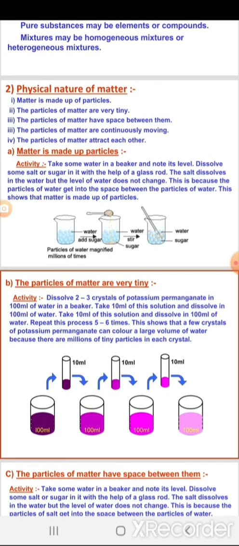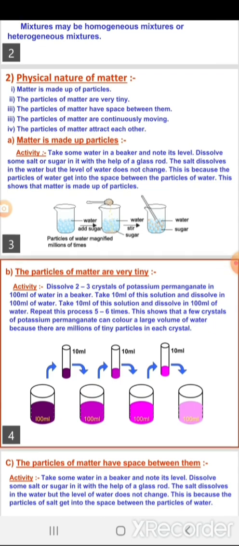These particles of matter have space between them. The particles of matter are continuously moving. They have energy. The particles of matter attract each other. So these are the 5 basic physical natures of matter.